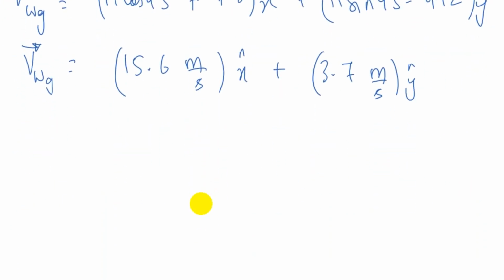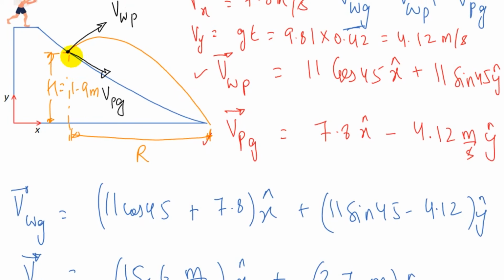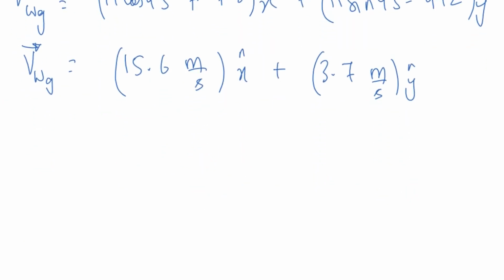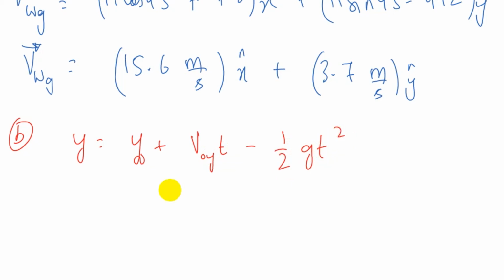So for that, we'll first find the time taken by the water to reach the ground. For that, we can use the equations of motion in the vertical direction. So this is the B part that we are solving. So y is equal to y naught plus v naught y times t minus 1 over 2 g t square. Now y is the final position for the water, which is 0 on ground, and y naught is 1.9 meter.